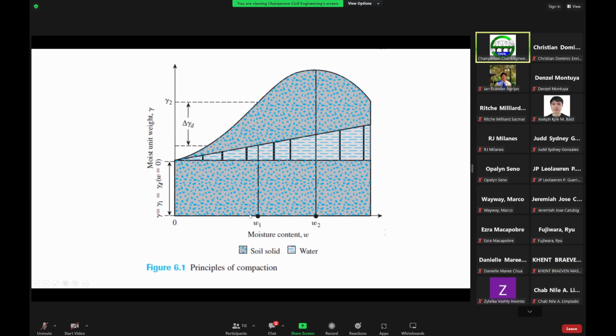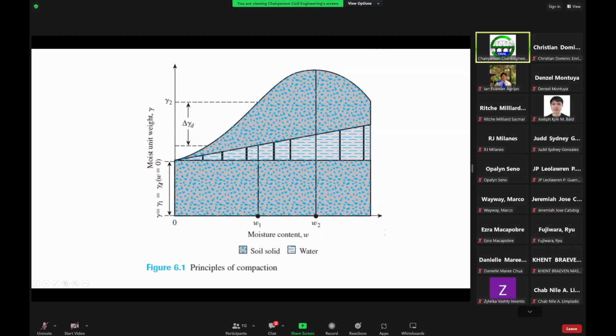And then, for example, here at W sub 1, at a particular moisture content, you will have a corresponding moist unit weight.